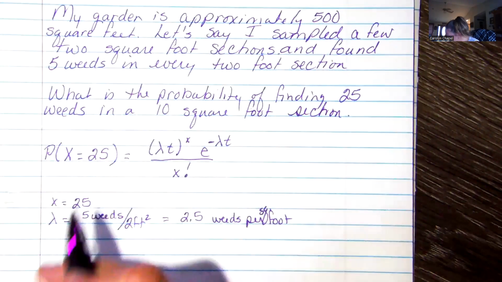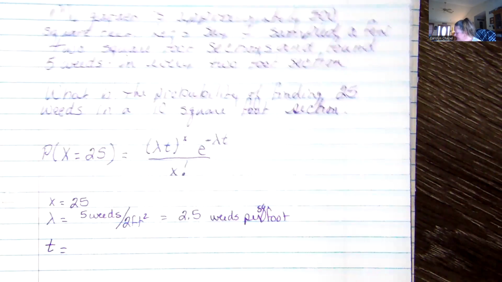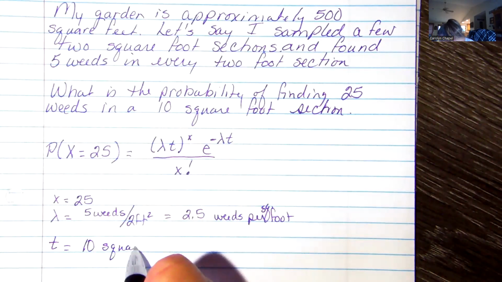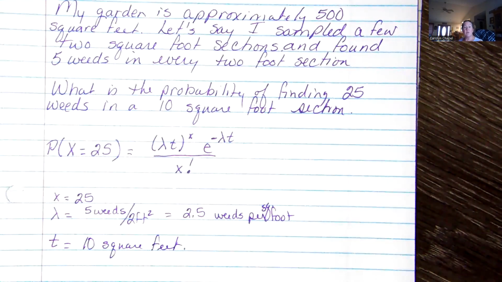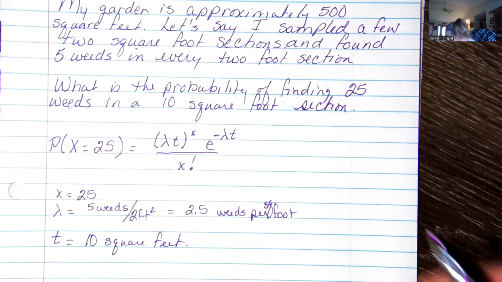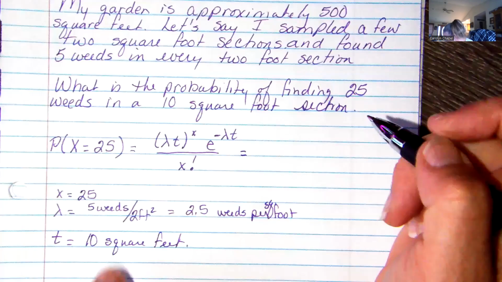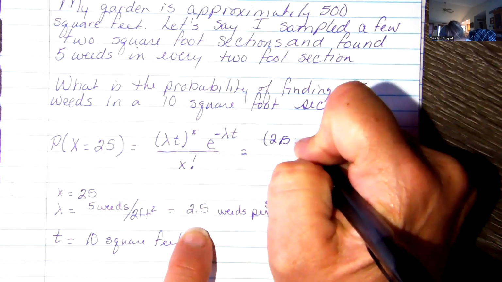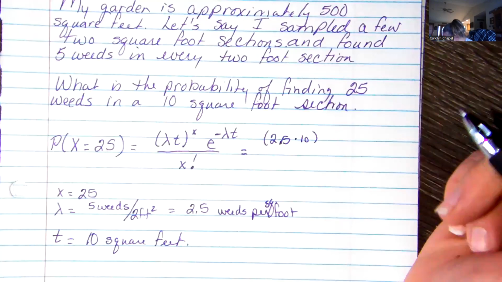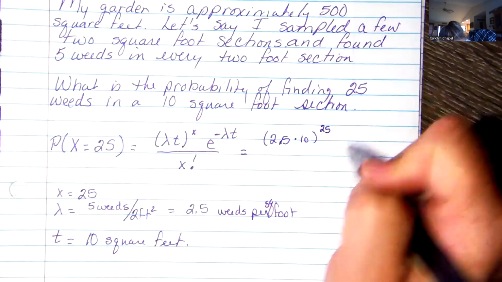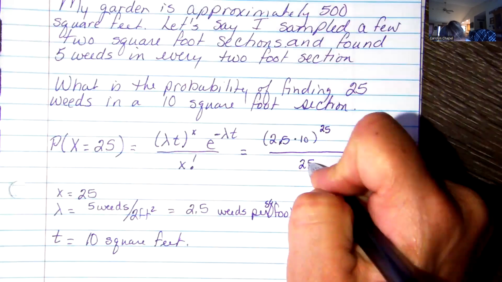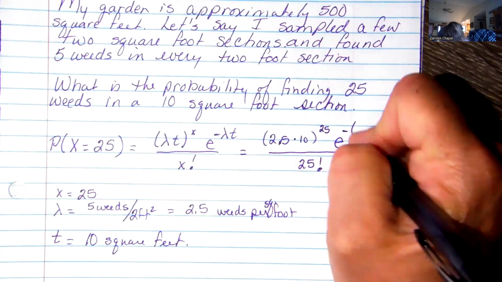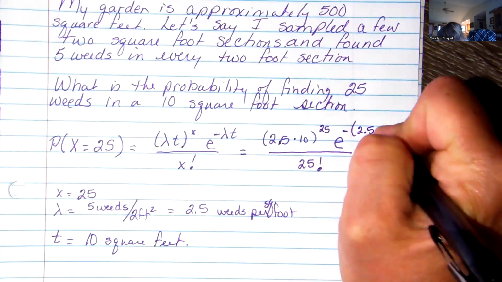We also need to find our t. T is our 10 square feet that we're looking at. Okay, so now I'm just going to put all our pieces in. We have our lambda, which is 2.5. I'm going to multiply that by 10. That's our t. We're going to raise that to the 25th power. We have a 25 factorial on the bottom. We have e to the negative lambda times our 10.